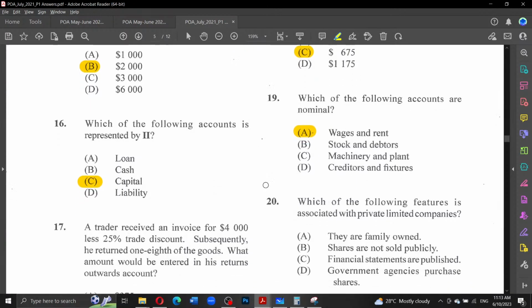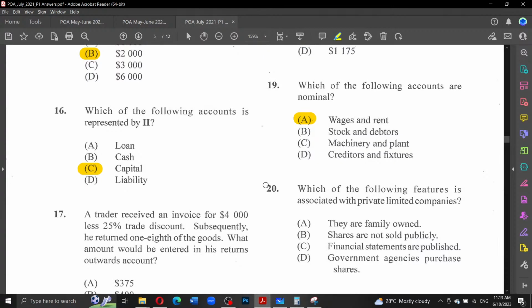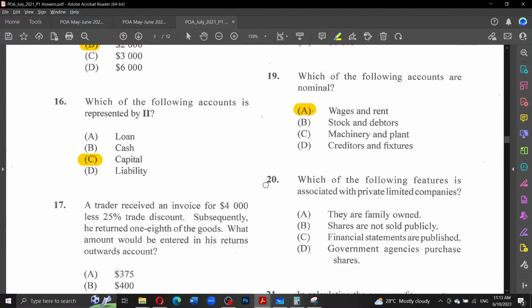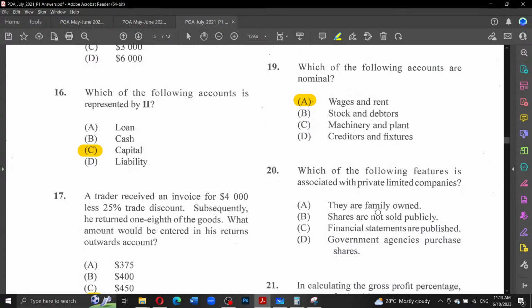Which of the following features is associated with private limited companies? Private limited companies means that their shares are not available for everybody to purchase. They are family owned. While this is true, it is not always true, because you can have friends, families, or even persons you are very closely associated with. B, shares are not sold publicly. Alright, I just said this.